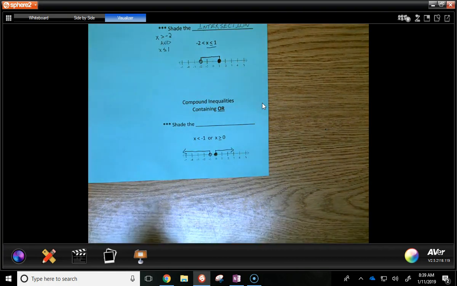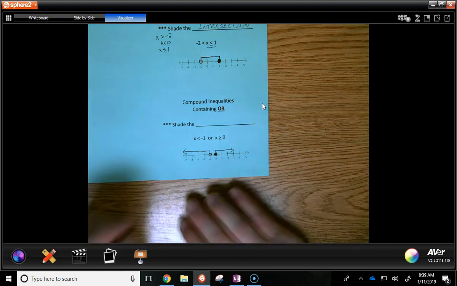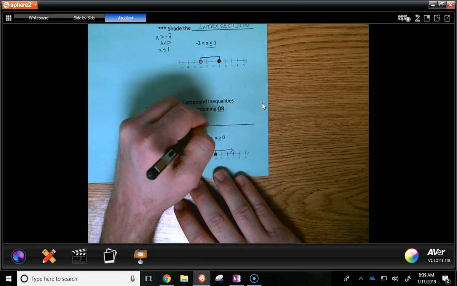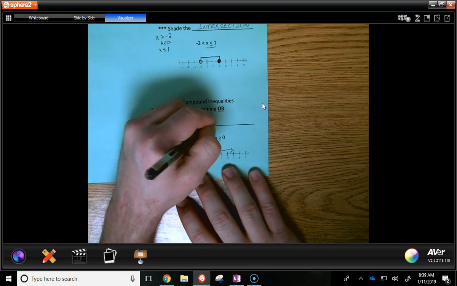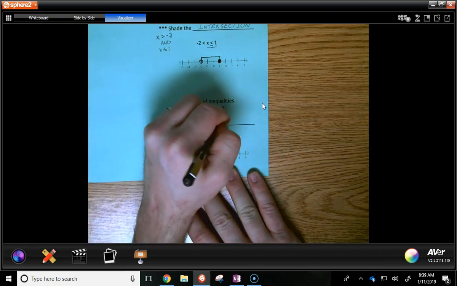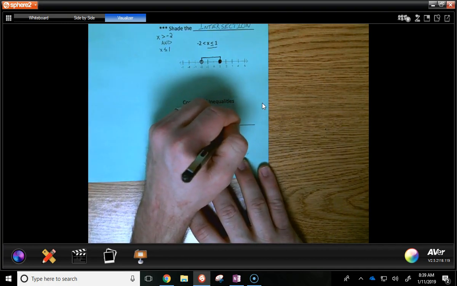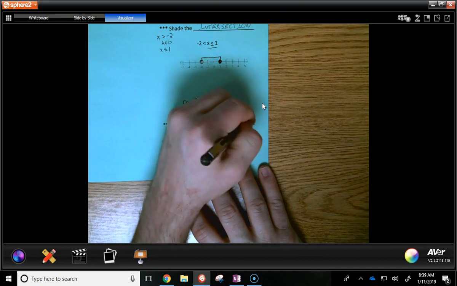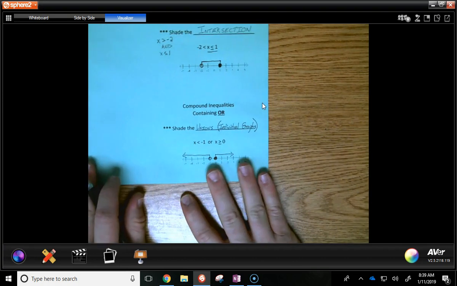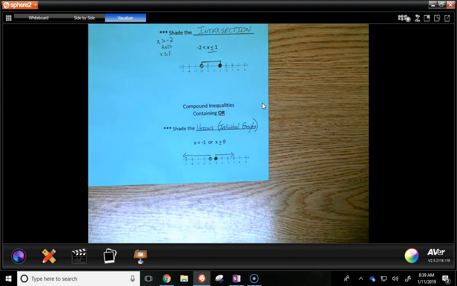When we have or, we're going to shade the union, is the math term. What that means is I'm going to make individual graphs. That's all this is going to mean. You can tell because with the or, I have two inequalities, so I'm going to have two graphs.